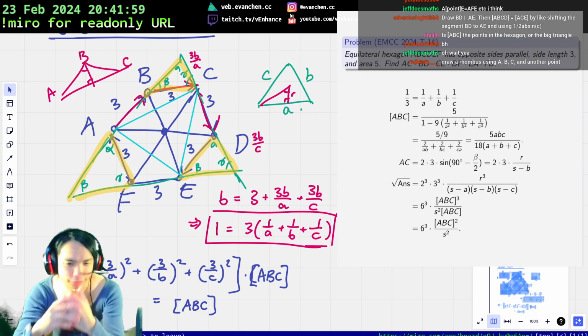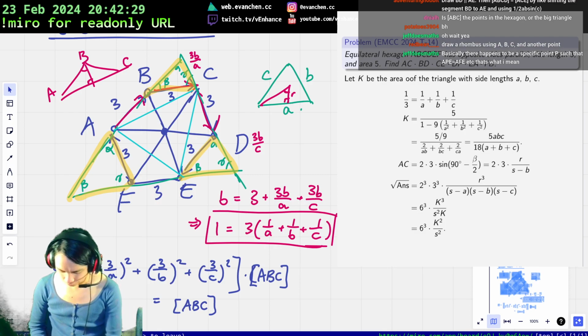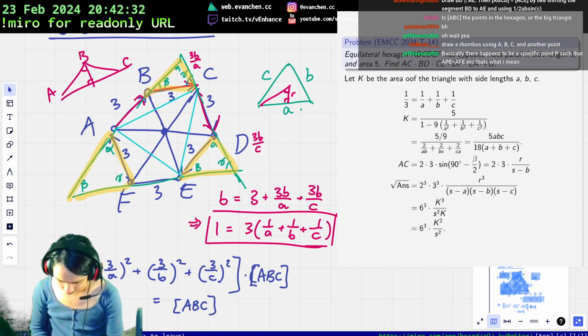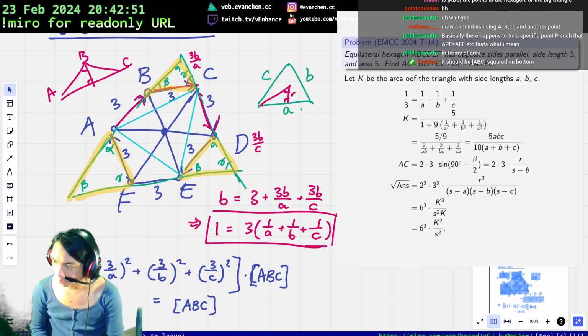ABC the points. No, sorry. I really shouldn't use brackets ABC. I should say like let K be the area of the triangle with side lengths A, B, C. ABC squared on the bottom.